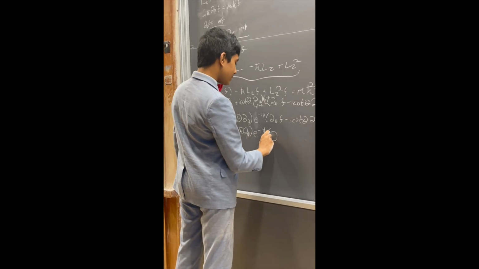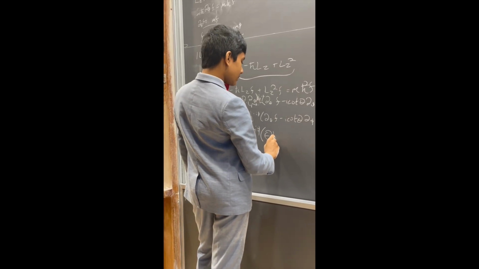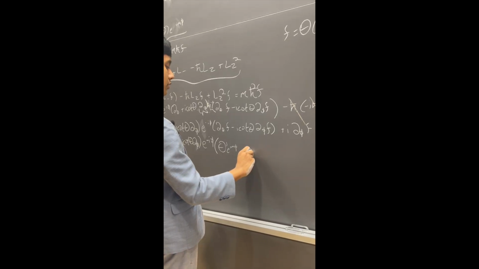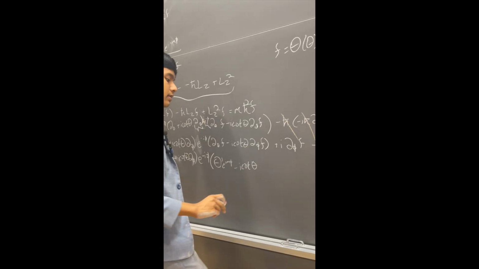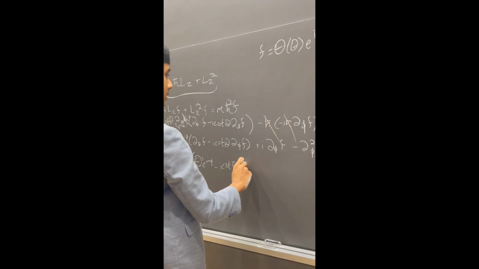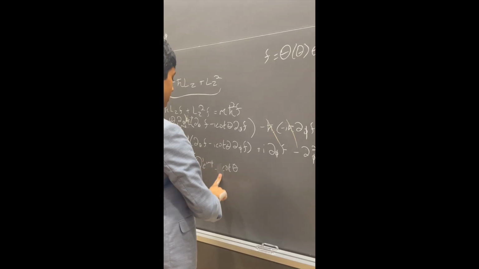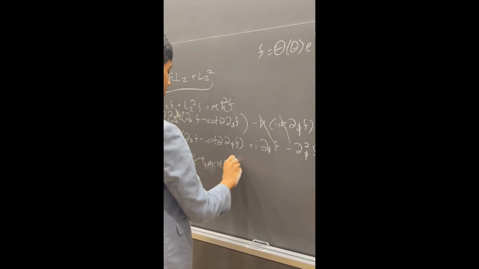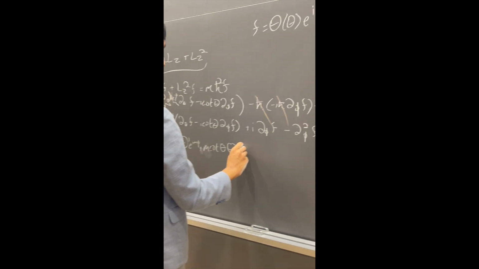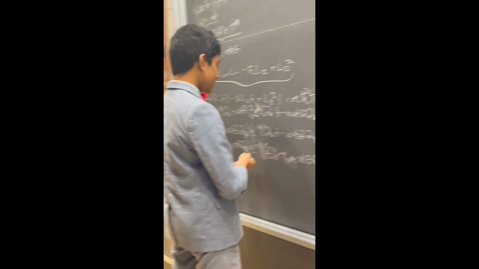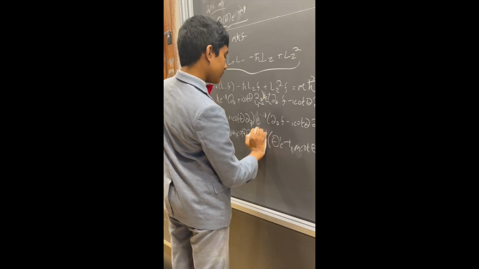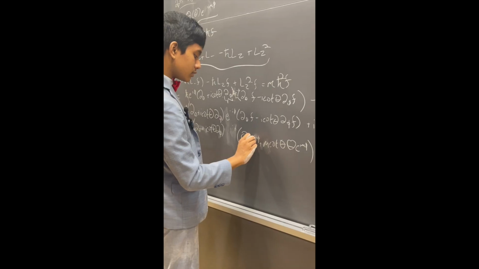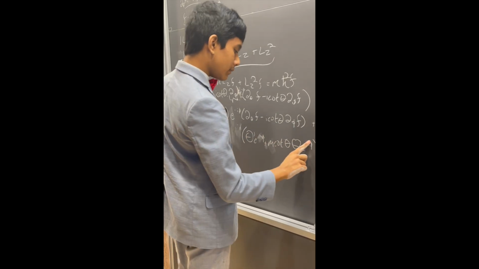Partial theta f is going to be theta prime e to the i m phi, minus i cotan theta. Partial phi f is going to be i m, which is going to give us plus m cotan theta theta e to the i m phi. Now we can distribute this guy in here, which gives us minus 1, m minus 1 here, and an m minus 1 there.